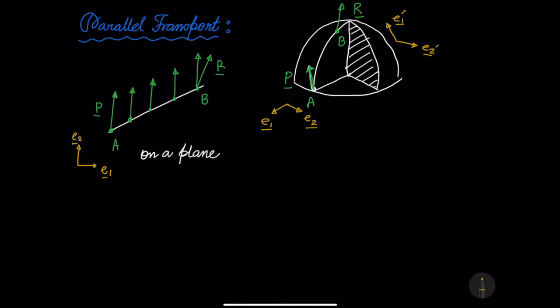So how do you compare a vector between two points? You transport this vector parallel to itself.